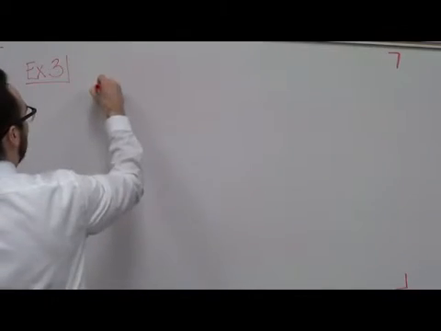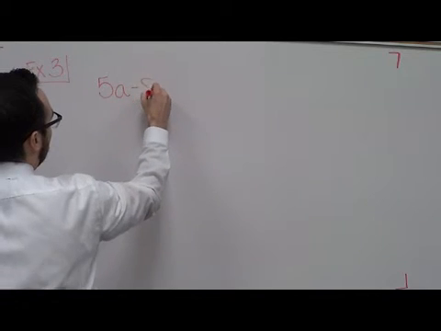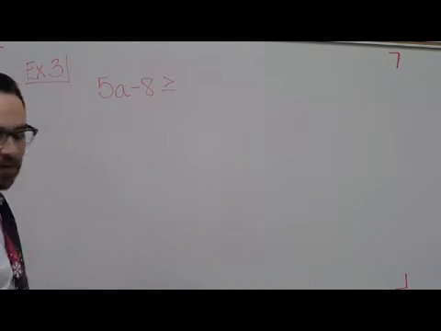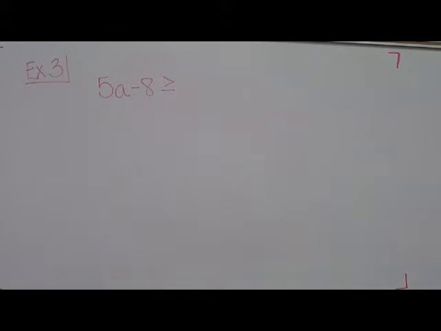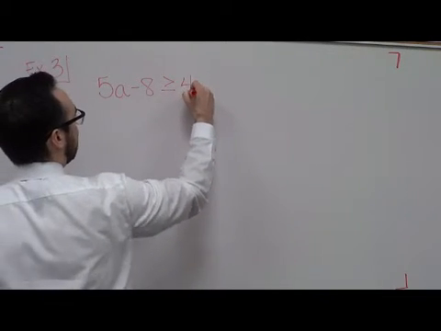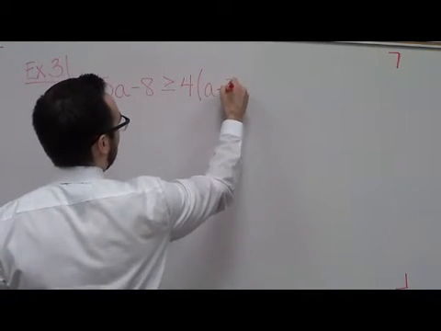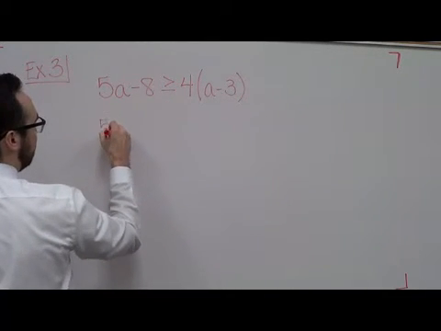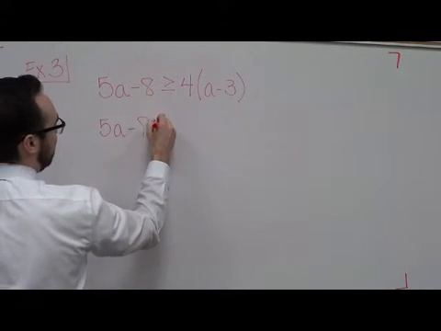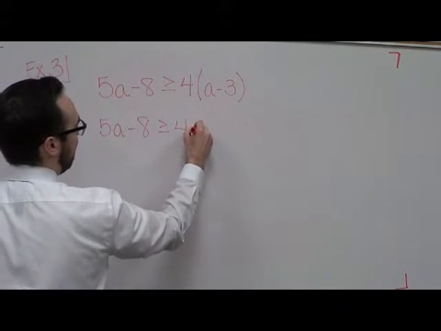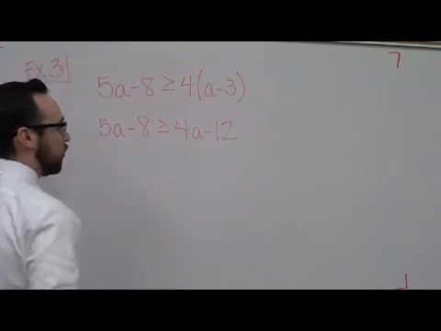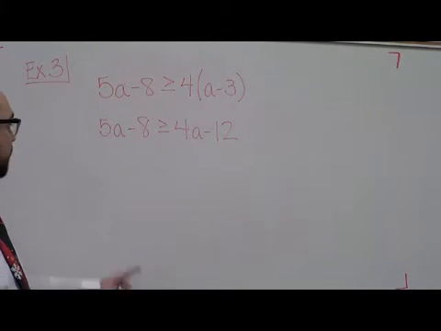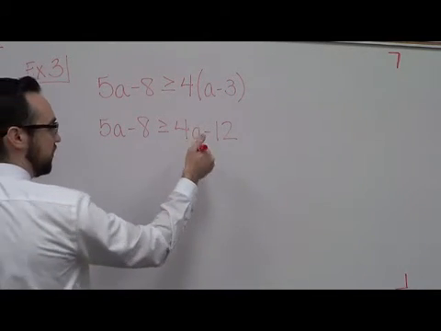So on one side we have 5a minus 8 is greater than or equal to 4 times a minus 3. So again, we distribute here, so we end up with 5a minus 8 is greater than or equal to 4a minus 12. We want to know which side is the higher coefficient. It's this one, so I want to move this side.